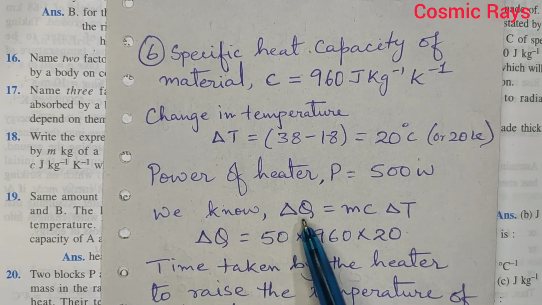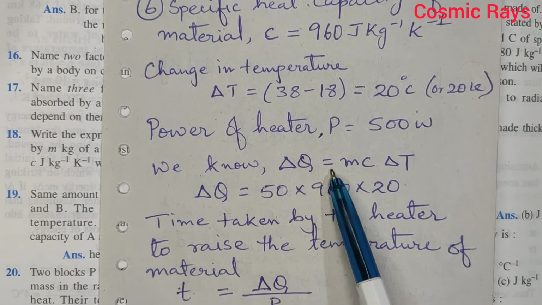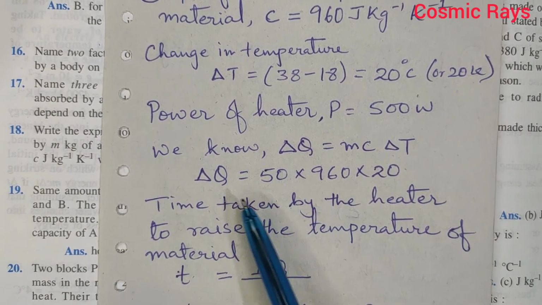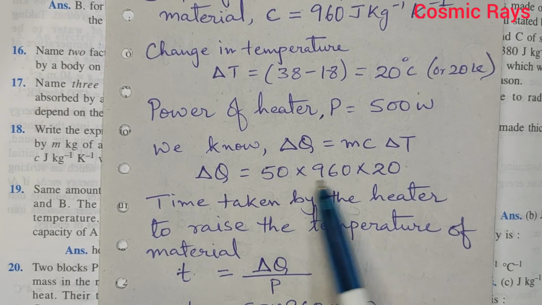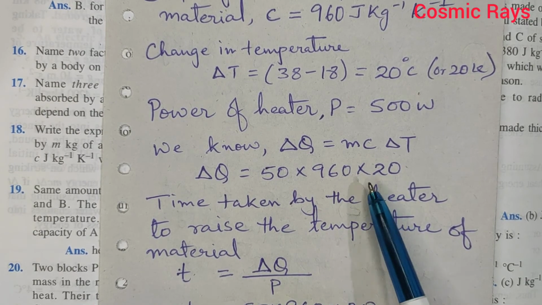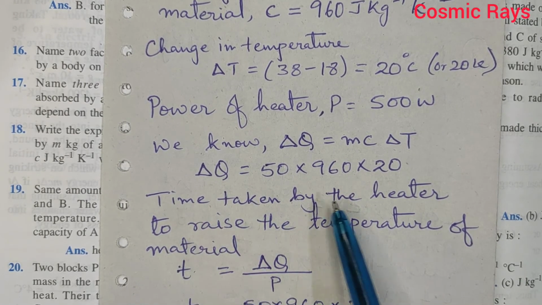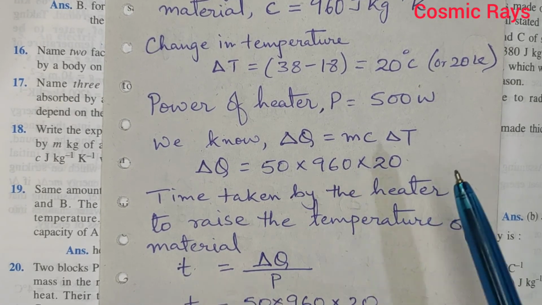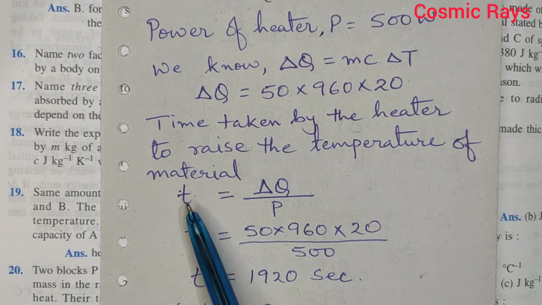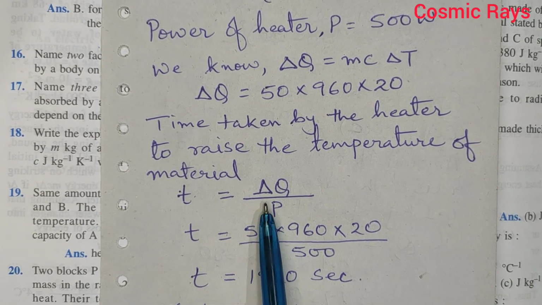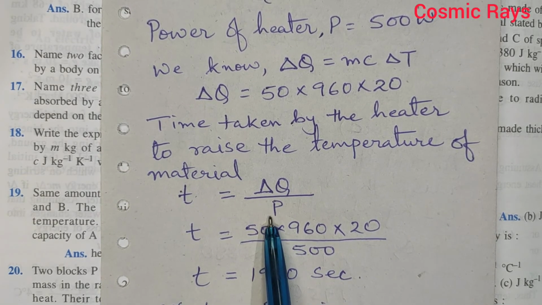So we know that heat is equal to MC delta T. So we just write the values. We do not simplify it now. We will simplify it in the later part of the question. So time taken by the heater to raise the temperature of material, this small t is time taken, is equal to delta Q by the power.